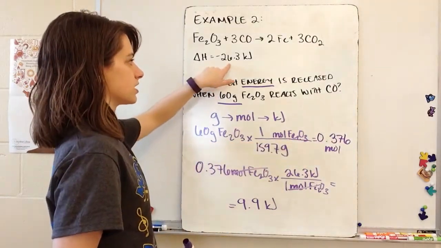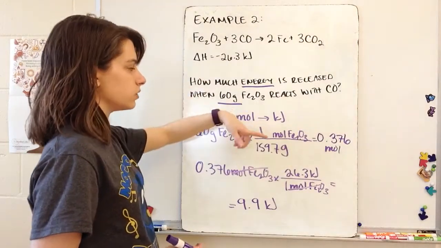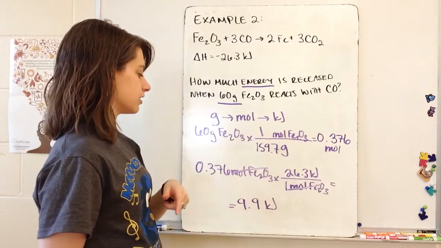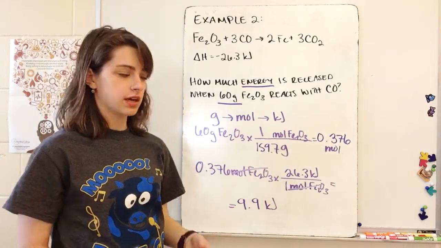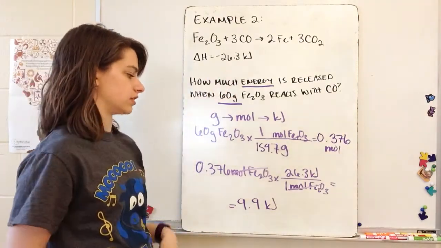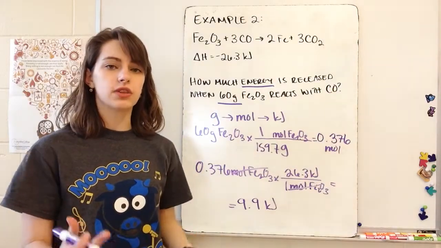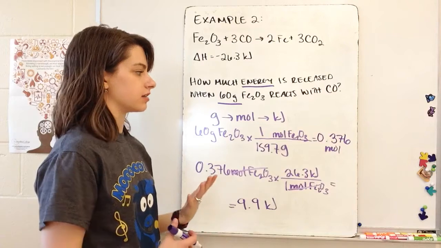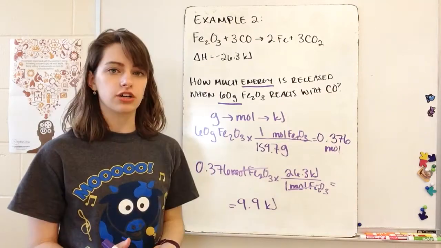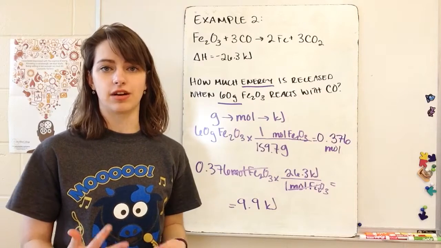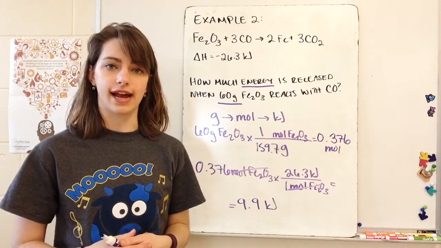And since I get 26.3 kilojoules of energy out for every mole, I get 9.9 kilojoules of energy total. Because I have less than a mole, I should have less than 26.3 kilojoules of energy out. And so that's how we can use these delta H values to figure out how much energy we're going to need or get from a certain chemical reaction based on how much of the reactants we have.